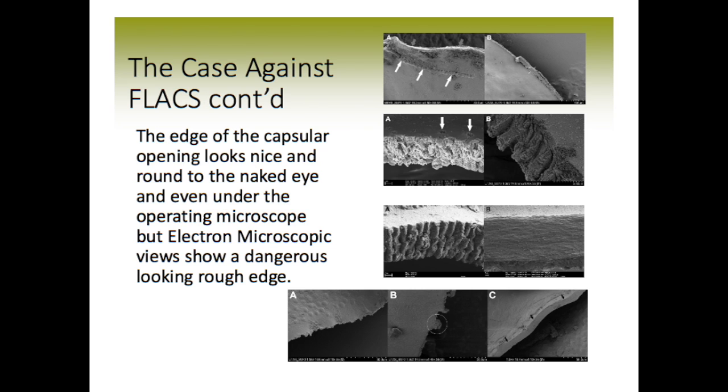It looks very nice. But when you have a closer view with an electron microscope, it shows a dangerous-looking rough edge. The lower two right electron microscopic views of the edge of the capsule are those capsules that were torn manually by the surgeon with the traditional phaco technique. But all the rest show the roughness, the ridges, the tags at the edge of the capsule, and that has clinical significance.